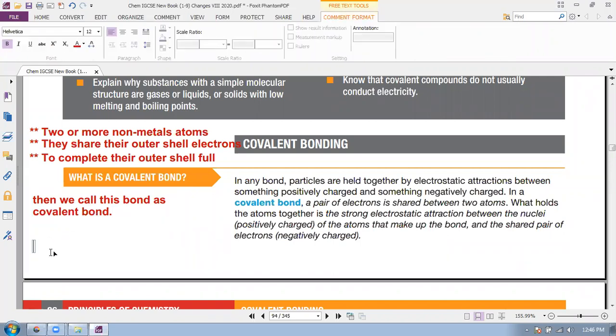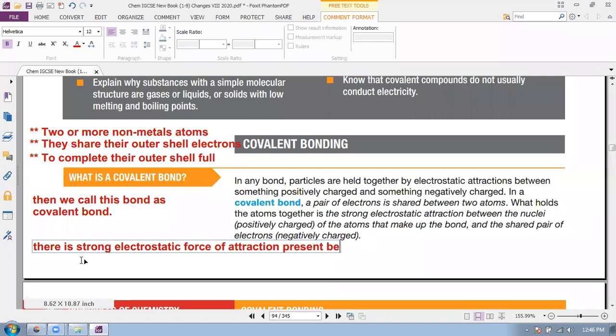And there is a strong electrostatic force of attraction present between this shared pair of electrons and the nuclei of both atoms. There is a strong electrostatic force of attraction present between these shared pair of electrons and both nuclei.